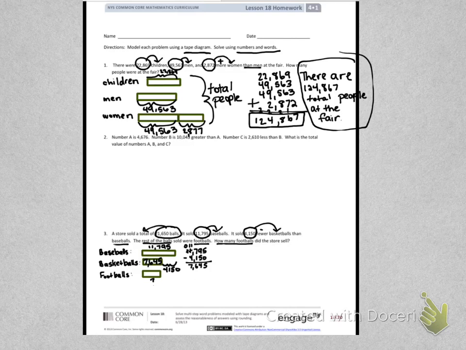So at this point, let's see what information we have. We know that there were 11,795 baseballs that were sold. We know there's 7,645 basketballs that were sold. And we know our total. What was our total? Our total was 21,650. I'm going to go ahead and write it off to the side over here.